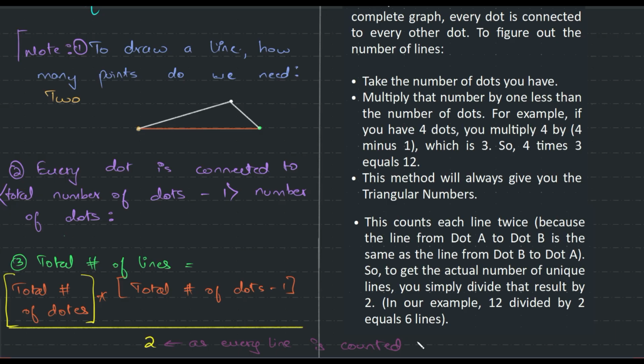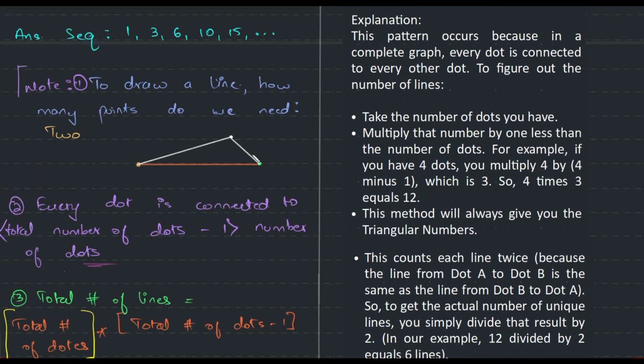So if I want to get back the original number, I'll divide by 2. As simple as that. Every line is counted 2 times. With this methodology, we end up counting 2 times. So to undo that, we are dividing by 2.